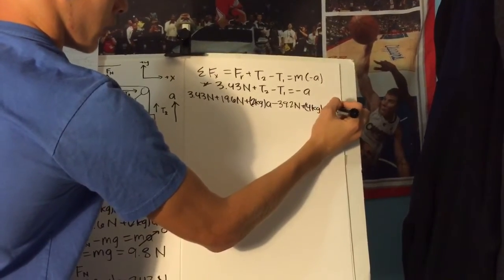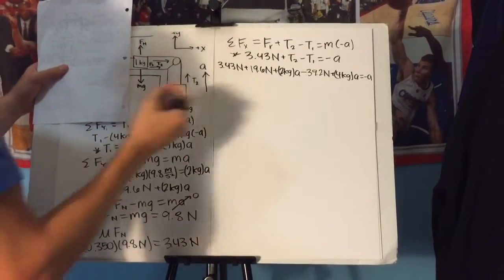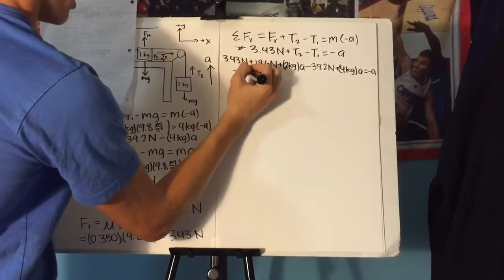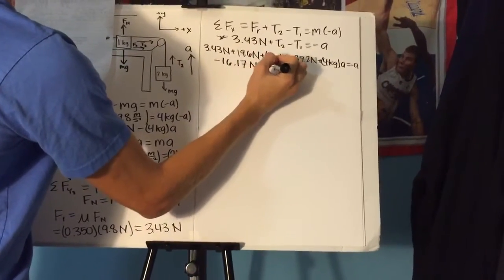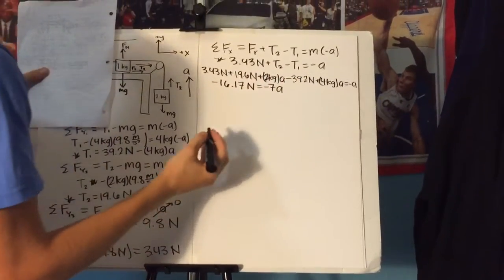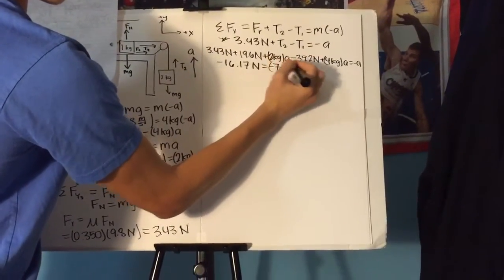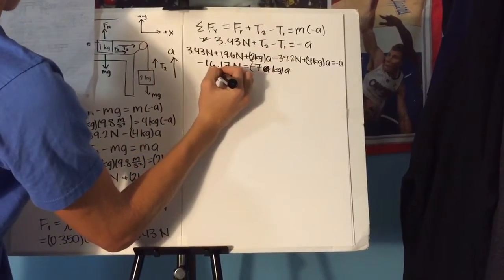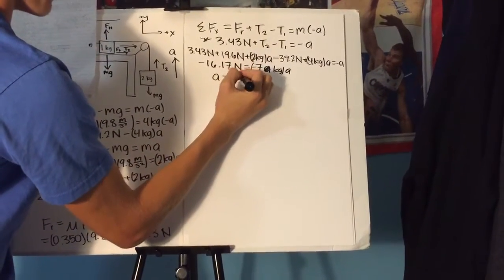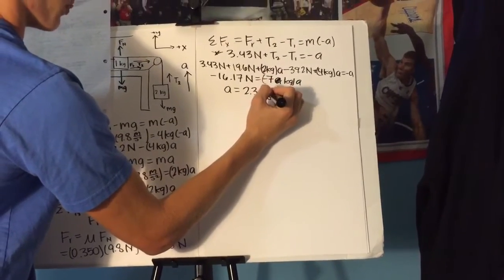And this is all going to equal negative a. So when we rearrange the equation and simplify a little, we get negative 16.17 newtons equals negative 7 kilograms times acceleration. And then this causes acceleration to equal 2.31 meters per second squared.